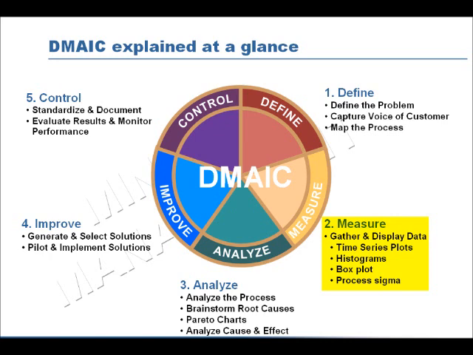Some typical tools used are time series plots, histograms, box plot, process sigma. In analyze phase, we analyze the process, brainstorm root causes, use Pareto charts, analyze cause and effect.